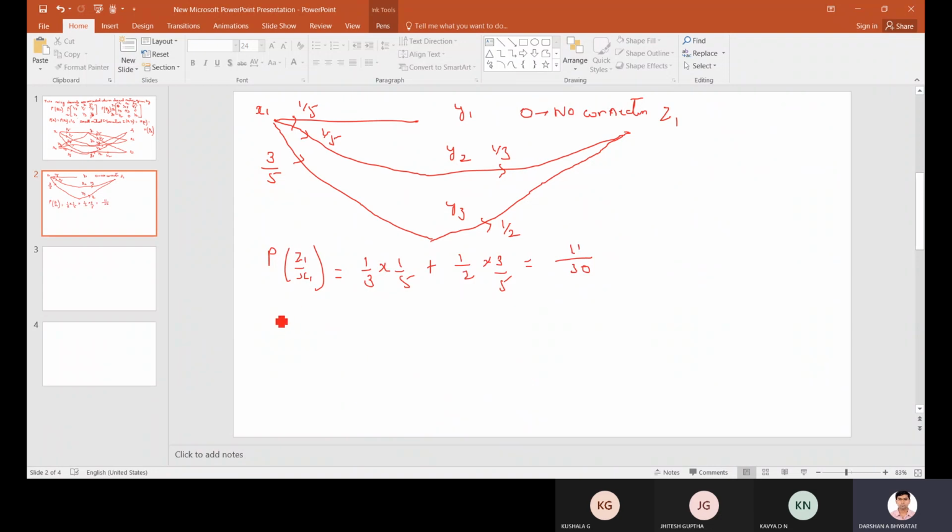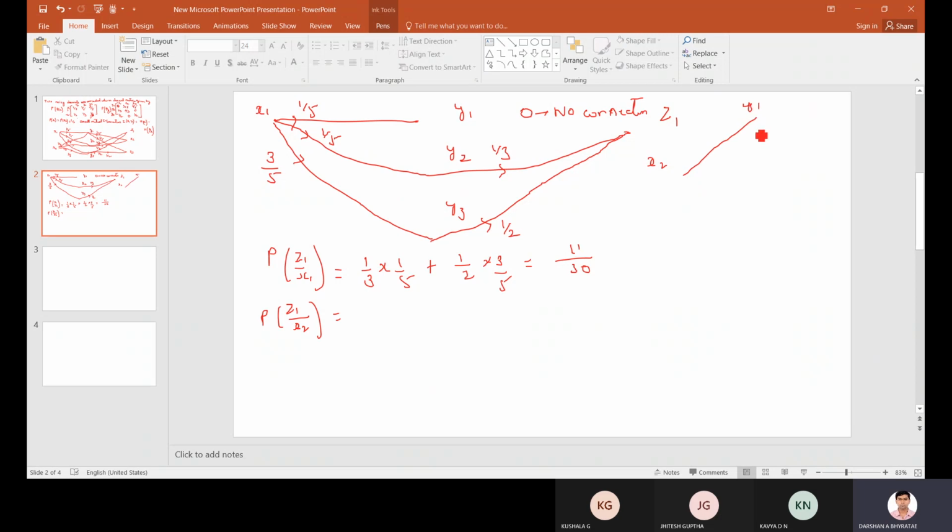Okay, next similarly, if I draw the channel diagram for P of Z1 by X2, again you have to draw it, write the probability and multiply. So again we get this is X2. X2 to Y1 connection is there.